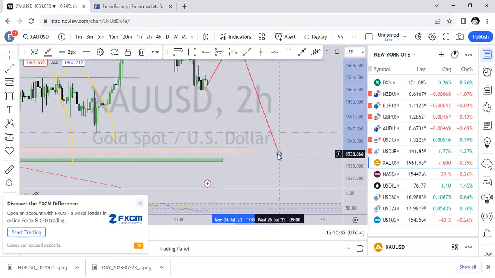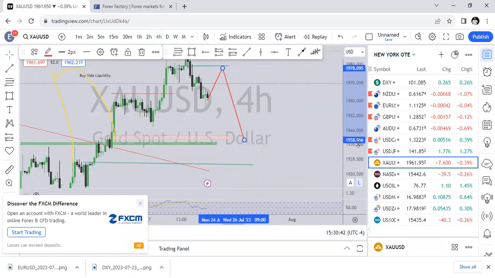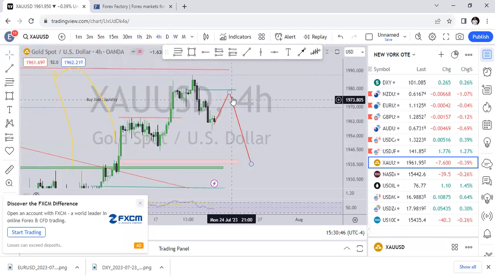I think this is very possible because we have a strong economic calendar for the week, so we expect heavy movements.